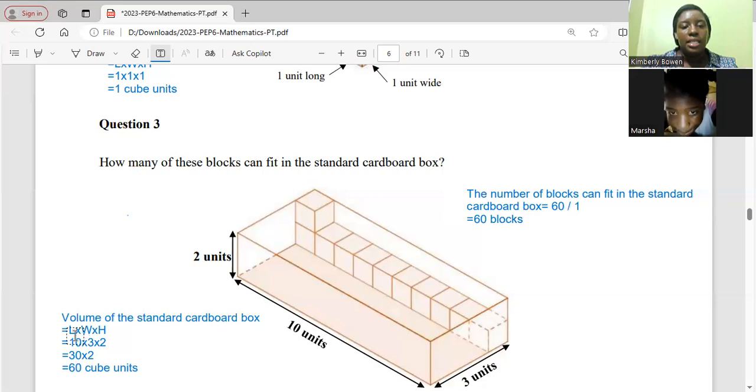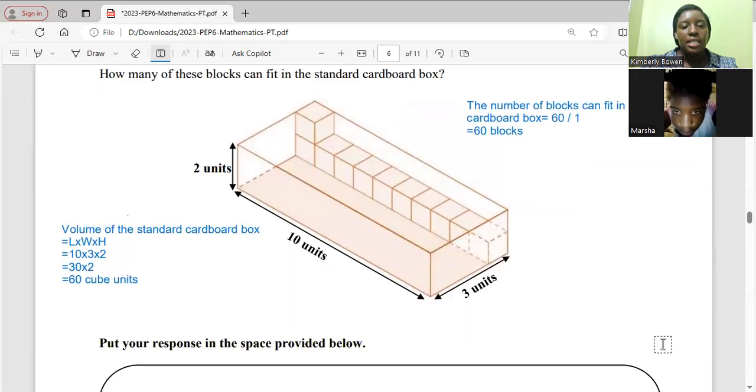Multiply. If you look here, it says multiply. You're multiplying the length by the width, sorry, times the height, right? So you're multiplying 10 times 3, which is 30, and then you're multiplying the 30 times 2, which is 60.